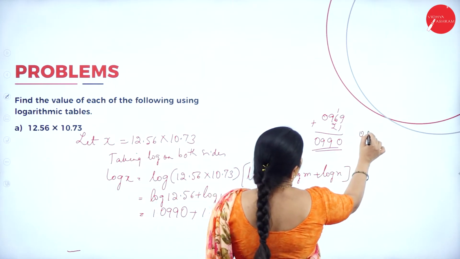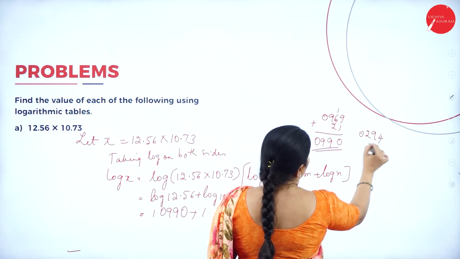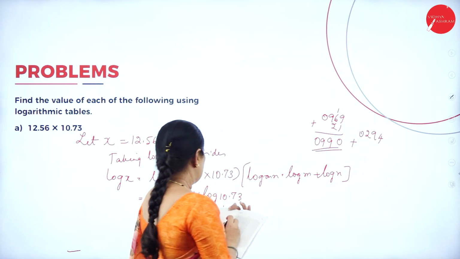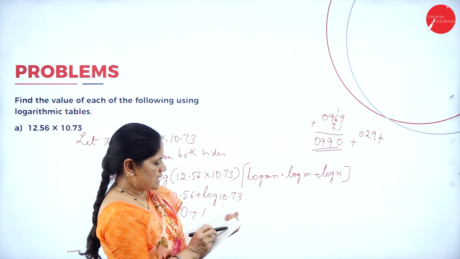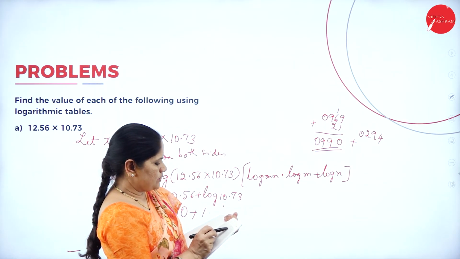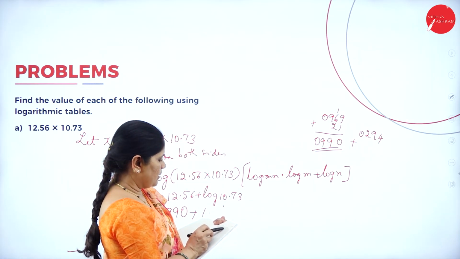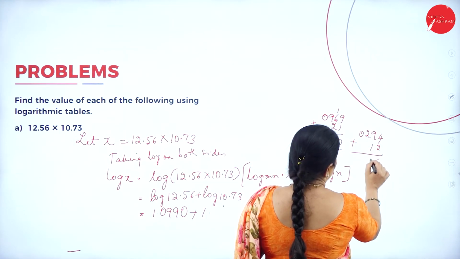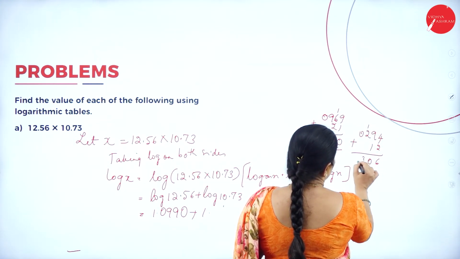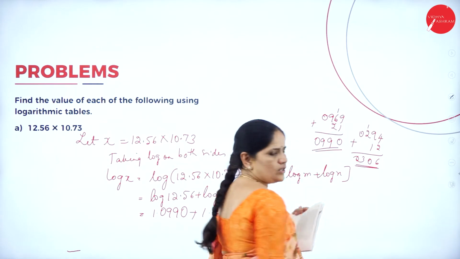So 0294 plus 3, it comes up to 12. 4 plus 2, 6, 9 plus 1, 10, borrow 1, 3, 0306.